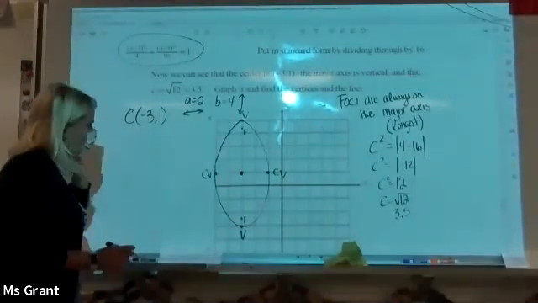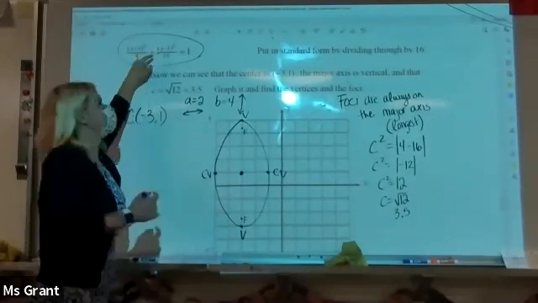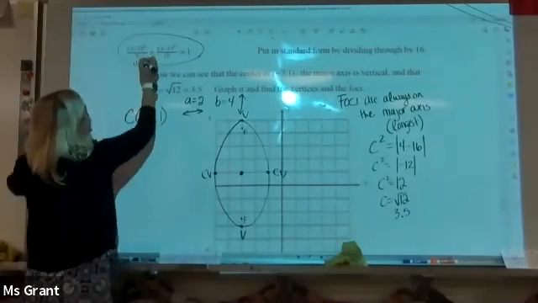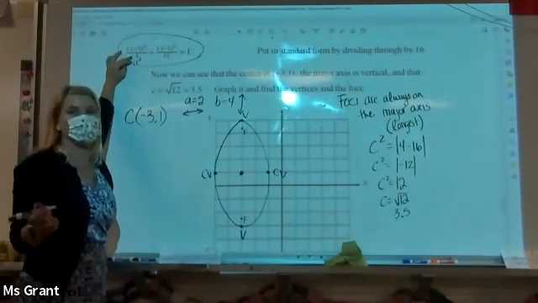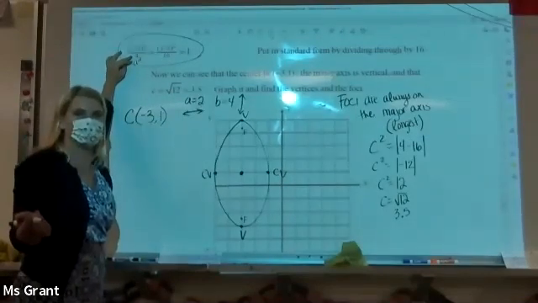Ms. Grant, how'd you get the a and b? Oh, what's 4? Because you know how this is a squared? So what squared is 4? 2 squared. So you square root the denominator. Oh, okay. Thank you. And then how do you get the denominator?